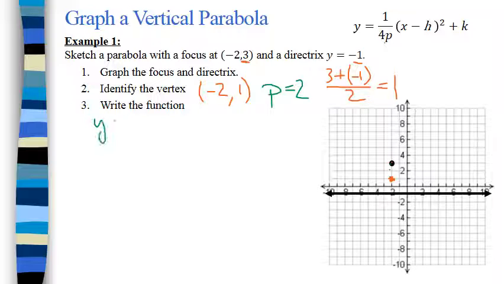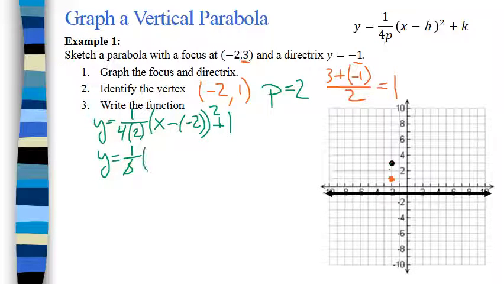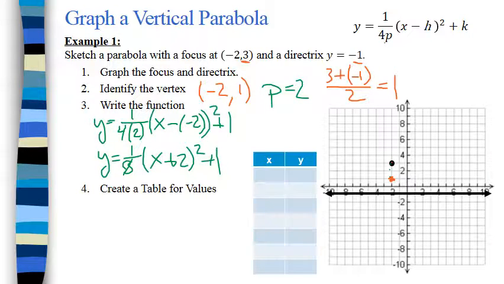and k. So y equals 1 over 4 times p, which is 2, times x minus -2, quantity squared plus 1. So simplify, y equals 1 over 8 times x plus 2, quantity squared, plus 1. Now to graph this, we're going to pick a table of values.